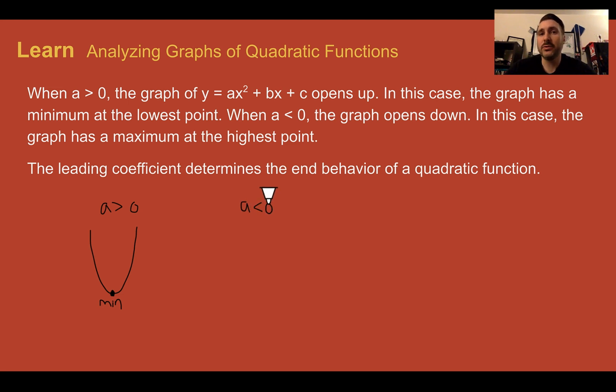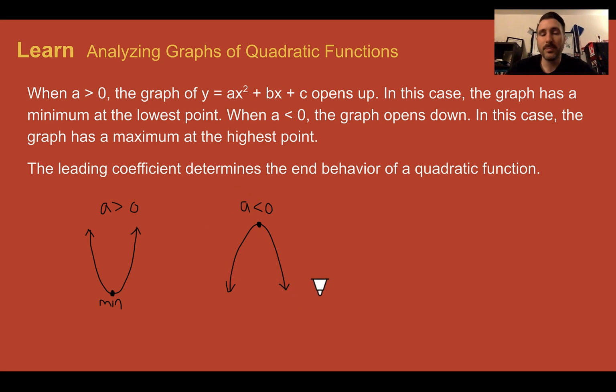When a is less than 0, meaning it's negative, it's going to open downward, and it's going to have a maximum at the vertex. This a value also helps determine the end behavior of our quadratic functions, because if you notice, no matter what direction we're going, the end behavior of a quadratic, they are both going in the same direction. So if a is greater than 0, the end behavior, both as it decreases and increases, will be increasing. If a is less than 0, both times it's going to be decreasing. It is going downward.